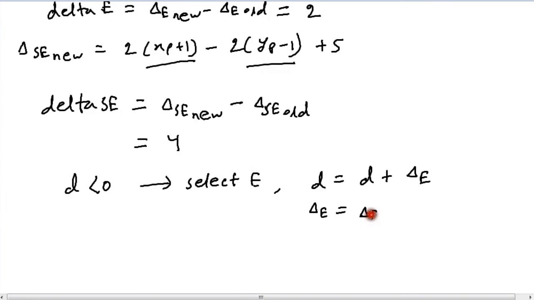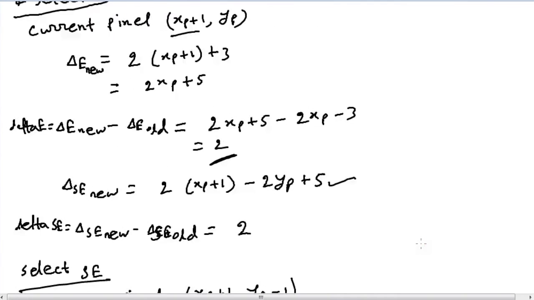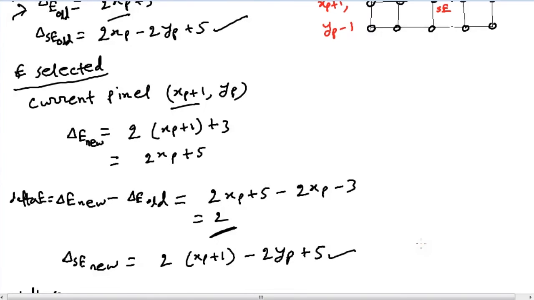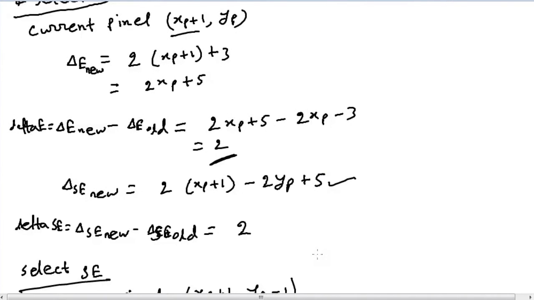So del E becomes del E plus 2, and we also update our del SE to be del SE plus 2, because if we chose E, then our del SE difference was also 2.